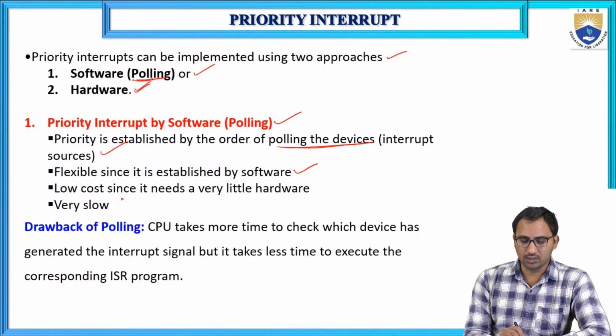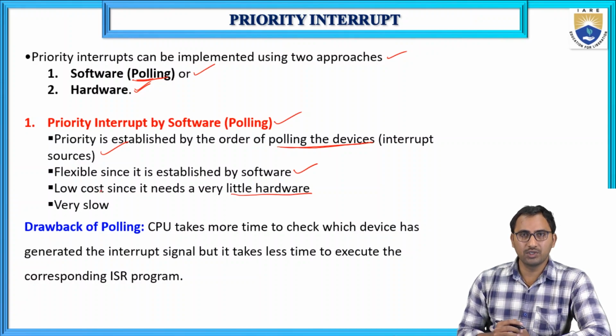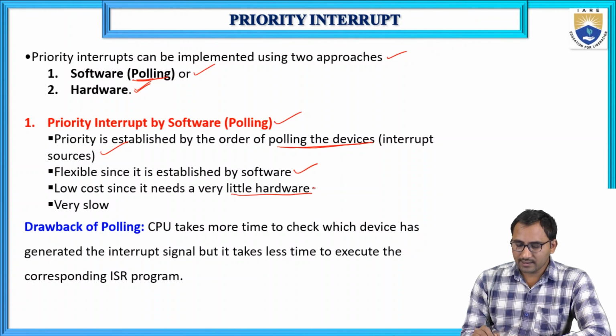Next, it is low cost, since it needs very little hardware, because here we are not using that much hardware. The cost is directly proportional to the hardware. As the hardware increases, the cost of the system also increases, but not here, because this priority interrupt is implemented using software. That's why we need less hardware.